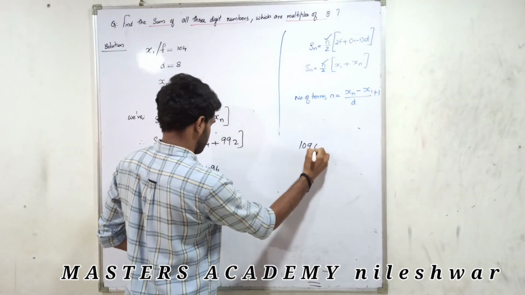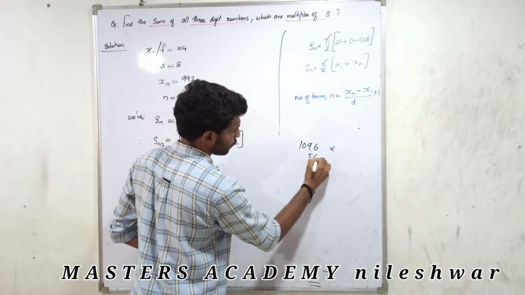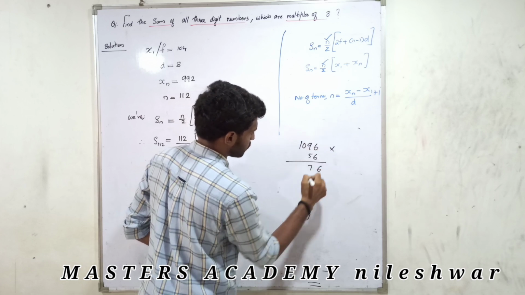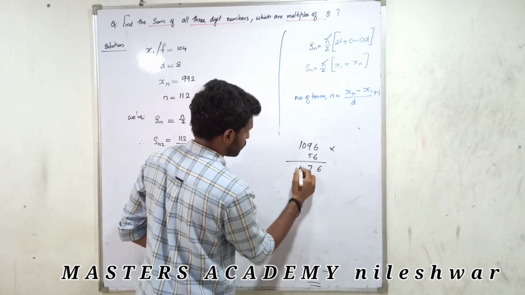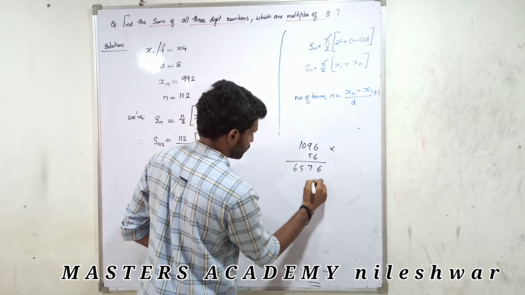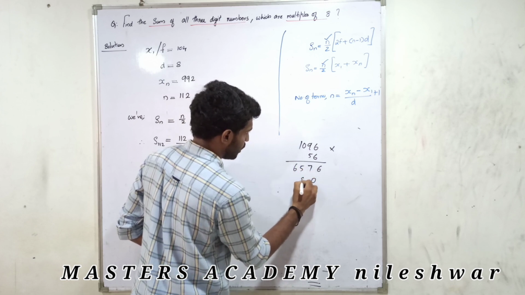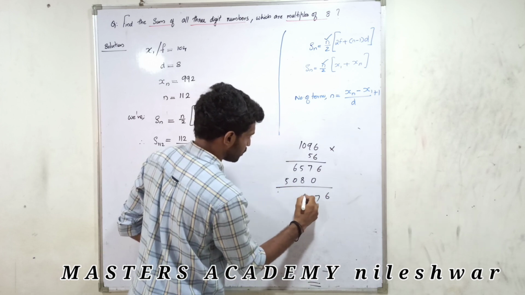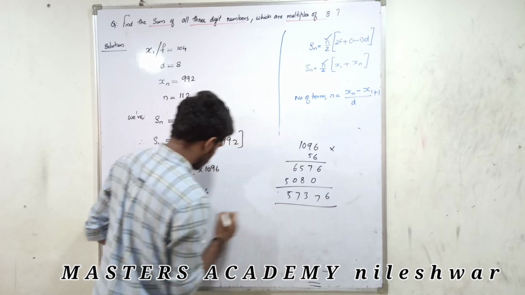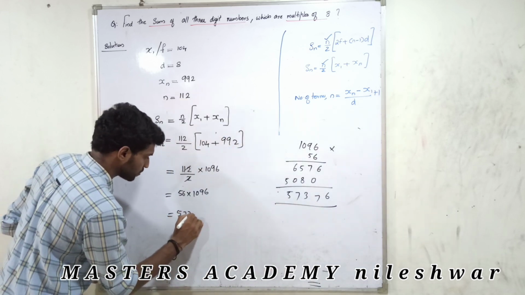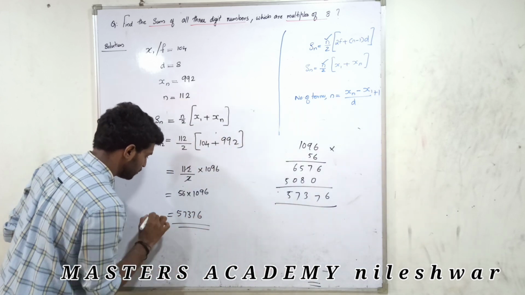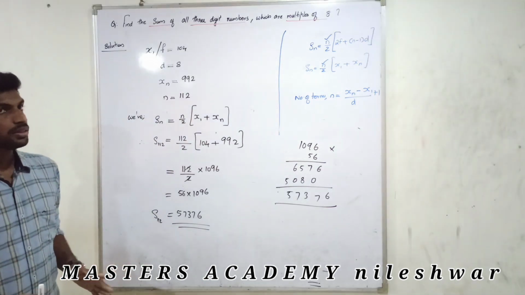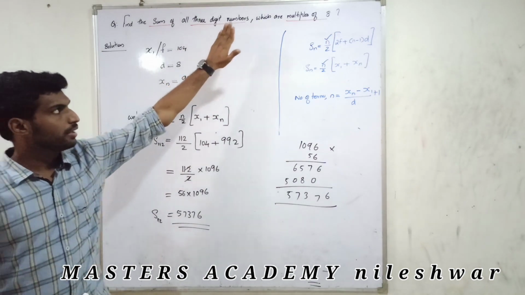Multiplying 1096 by 56, we get 61376, so our answer is 57376.